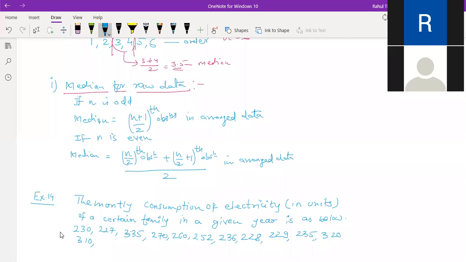That is 1, 2, 3, 4, 5, 6, 7, 8, 9, 10, 11, 12 observations.